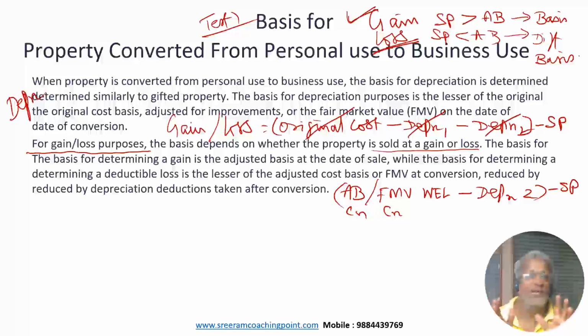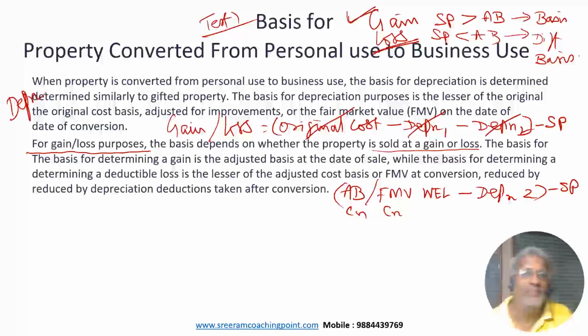So you get an adjusted basis on the date of sale. That has to be compared with the selling price. When the selling price is greater than the adjusted basis on the date of sale, it becomes a gain, and whatever basis we have used for that purpose, that becomes the basis. So the gain that we have computed initially and the gain that we will ultimately communicate will be one and the same, right?